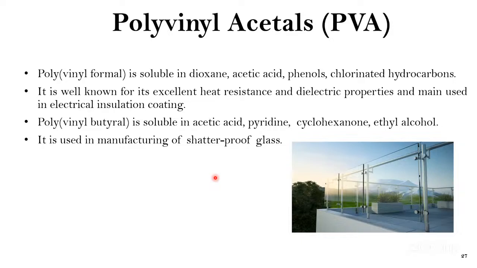So when any stone or any material hits that glass panel, the glass panel can be a little bit cracked, but due to the presence of this polymer, the whole glass is difficult to break. Is that clear?